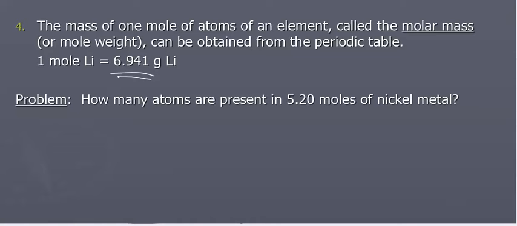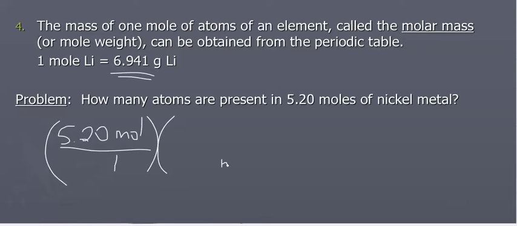How many atoms are present in 5.2 moles of nickel? Start with what I'm given, 5.2 moles. I want the number of atoms. I'm going to cancel moles. Well, in 1 mole of any element, the number of atoms is the same, 6.02 times 10 to the 23rd.